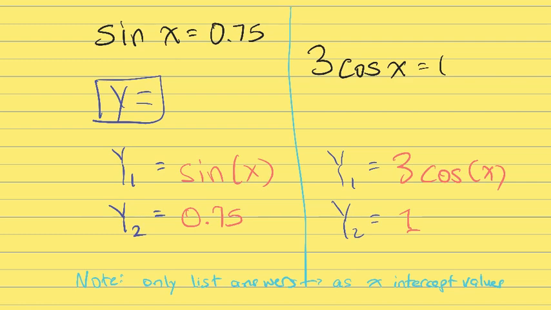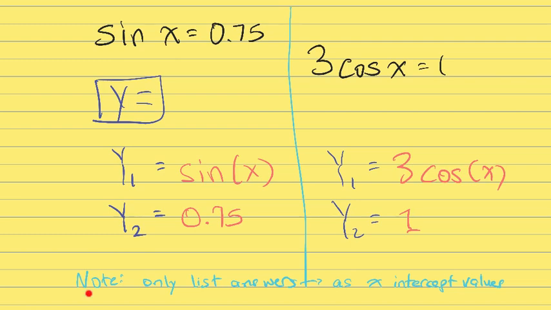And then we're going to do shift trace, which will bring up the calc menu, and number 5 is to find the intersection points. And then they want you to find all of them for where this line and this graph intersect, okay?